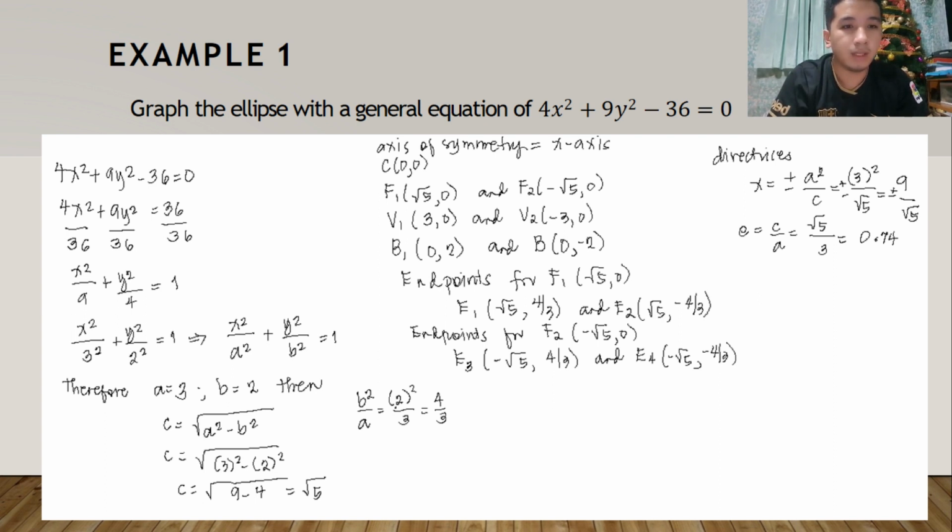And b squared over a equals 2 squared over 3 equals 4 over 3.